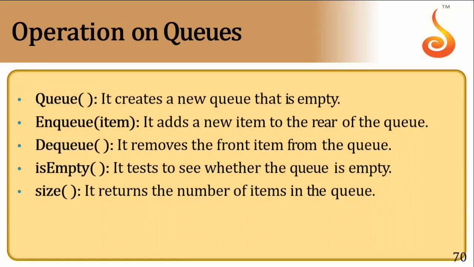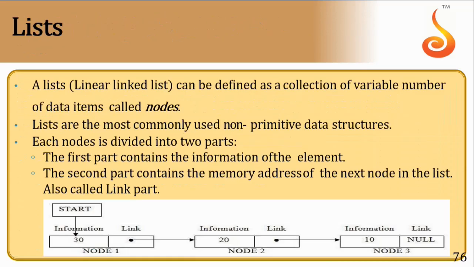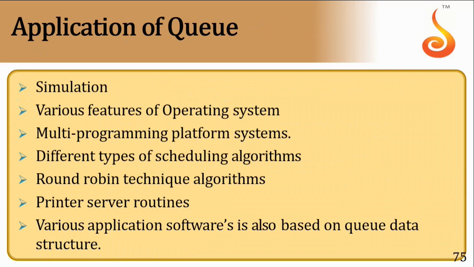Then the operations of a queue, we already did this. That is enqueue, dequeue, queue is empty and size. We have already done all of this. We are left with the applications of a queue. Queues are used in network communication systems. Why network communication systems?